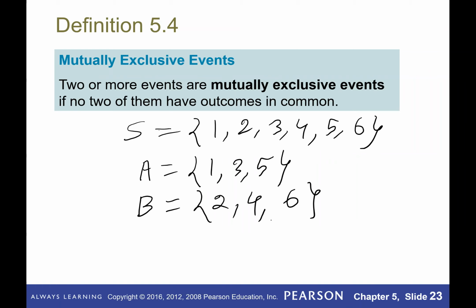Do they share any outcome? They do not, right? So that means A intersection B. What is A intersection B in this case?